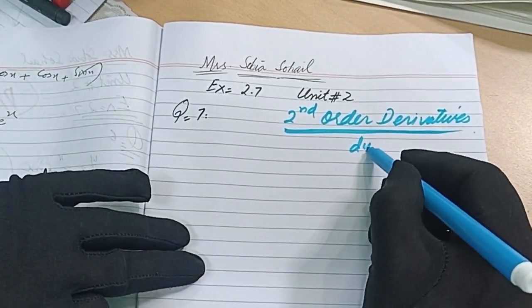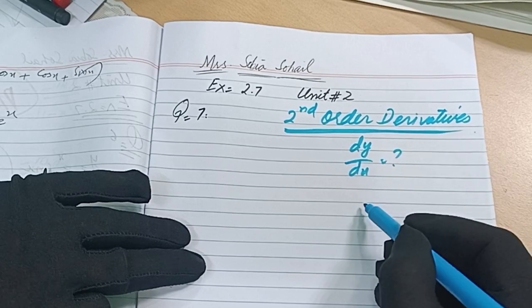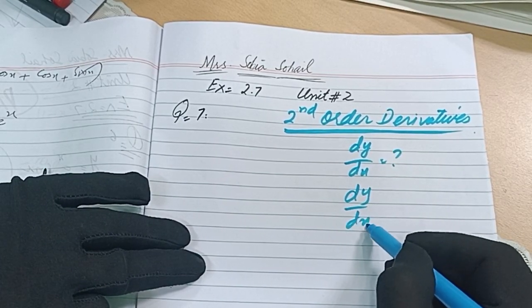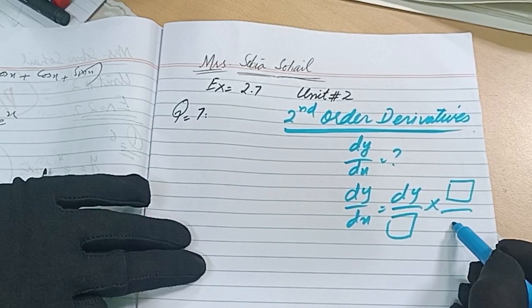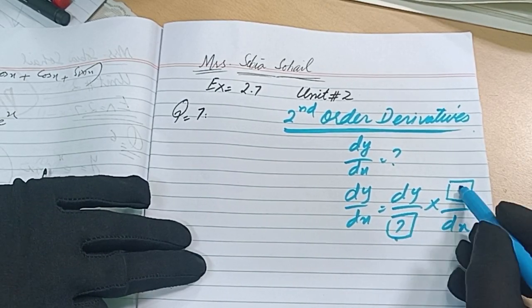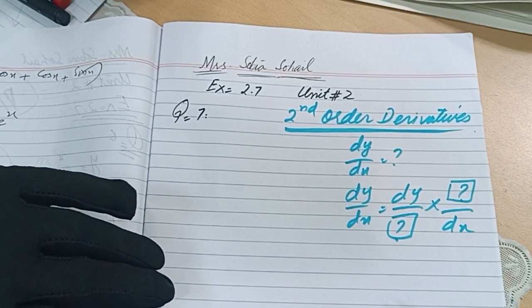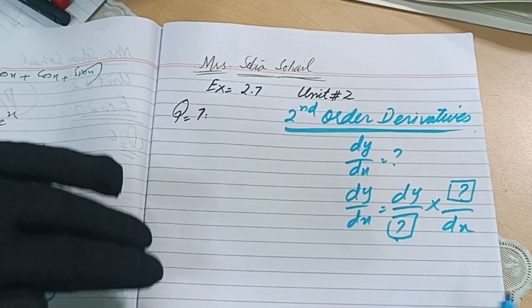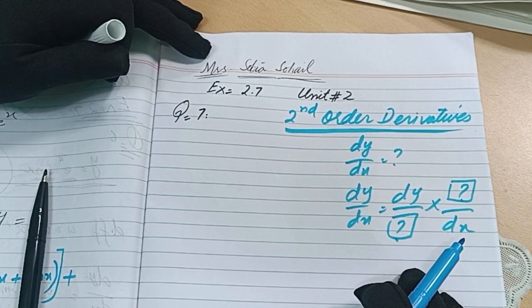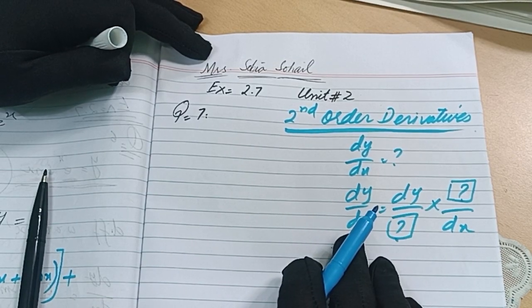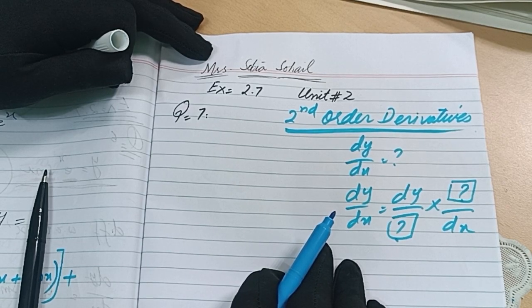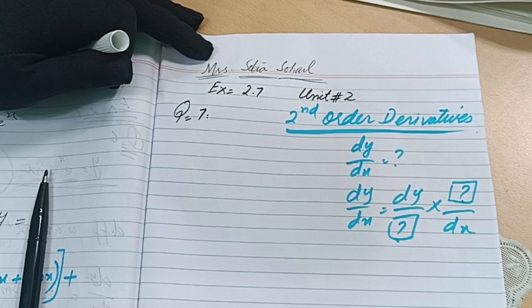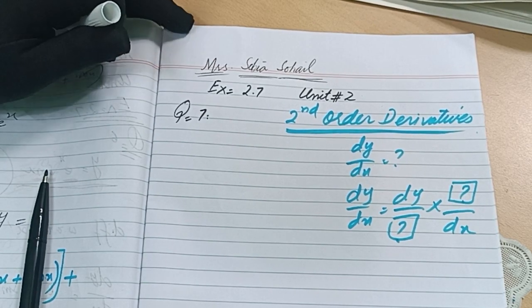Sometimes we can directly find dy by dx, and sometimes we have to find dy by dx as dy by something over dx by something, where some variable is involved as a parametric variable. With the help of the chain rule, we first find the first derivative. Once we find the first derivative, we repeat the differentiation process as many times as it is asked.